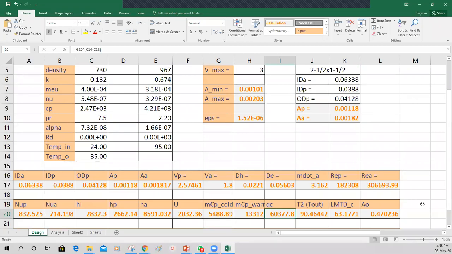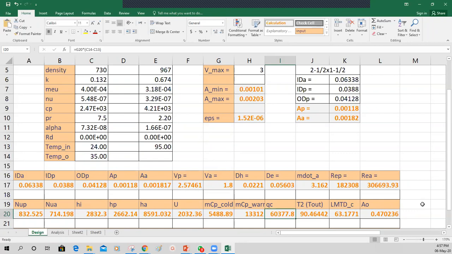We are using Celsius throughout, for the LMTD, when we substitute it in the heat transfer equation. Degrees Celsius. 0.47, good. Now we have the area subjected to heat transfer.